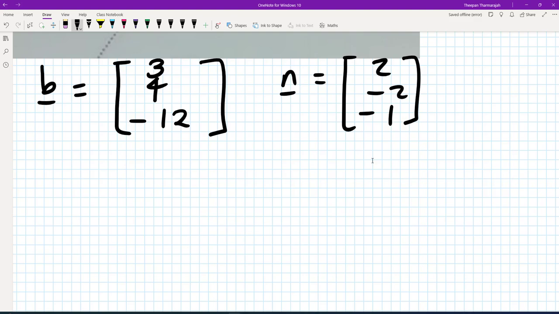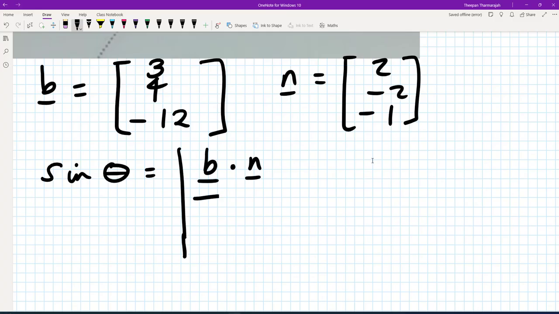What I'm going to do now is write down the formula that we need for the acute angle between the line and the plane. That's sine theta equals, and this is important here, a massive modulus sign, the mod of b dot n over mod b times mod n.